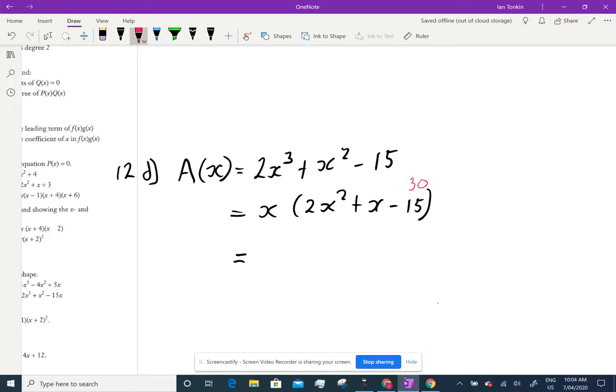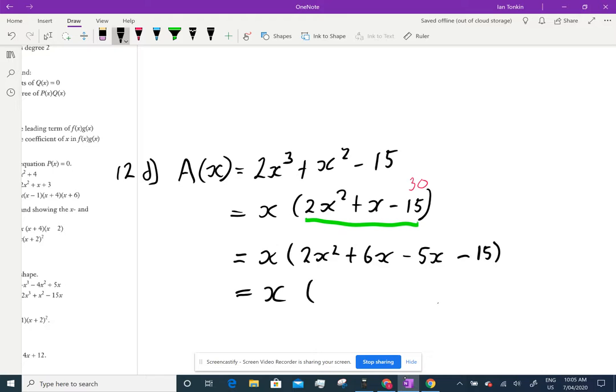So I do 2 times 15 and I get -30. To factorise this, I need to find two numbers that multiply out to 30 and add up to 1. And I reckon that's going to be 2x squared plus 6x minus 5x, because they multiply up to 30, which will give me x.